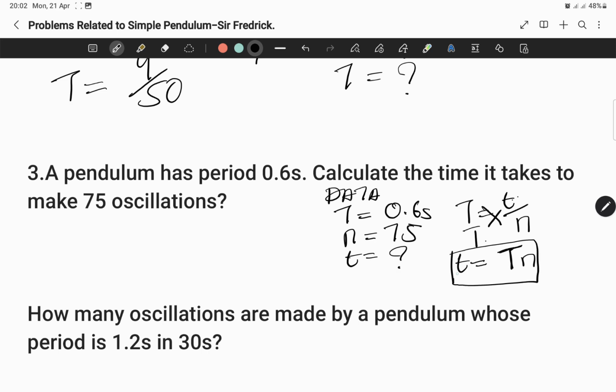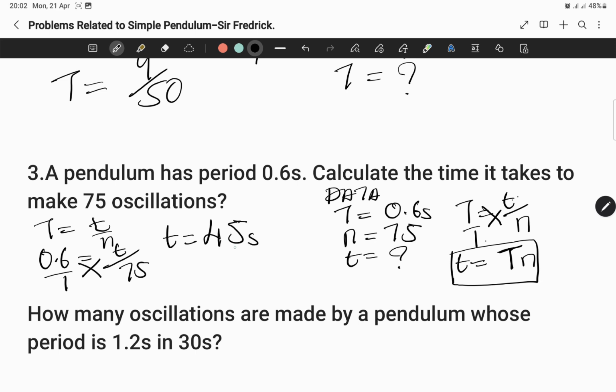However, if you are okay with the mathematics, you can just go direct. So period is equal to t over n. So I've been given period to be 0.6 is equal to, I'm looking for time, then 75 oscillations over 1. Cross multiplication: T times 1 gives me T, then that times that definitely gives me 45 seconds.